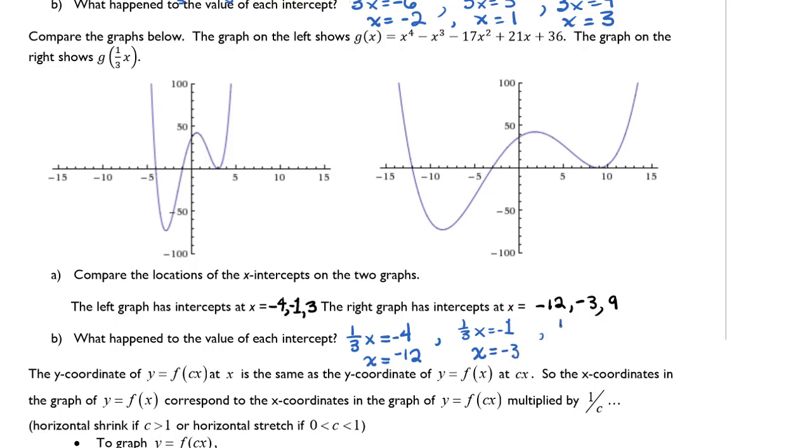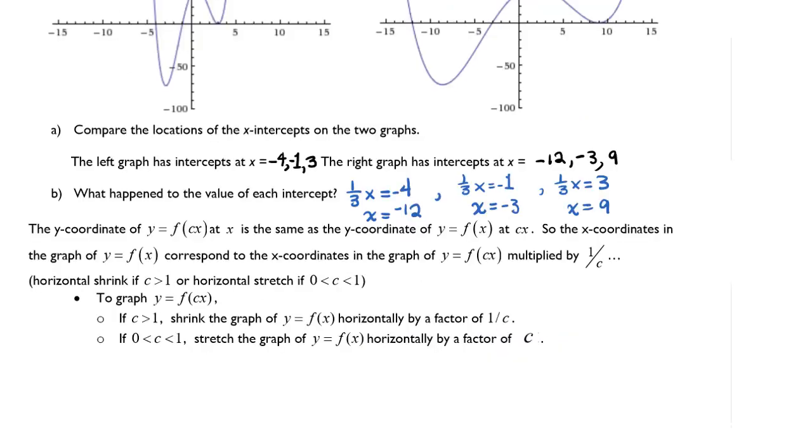And lastly, 1/3 x equals 3. Solving for x will give us x equals 9. And there we have it, all three intercepts of our new polynomial g of 1/3 x. So when we have a fraction as a scalar inside the function, it multiplies the original x-intercepts.